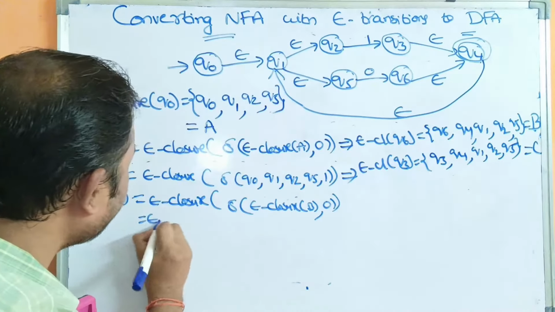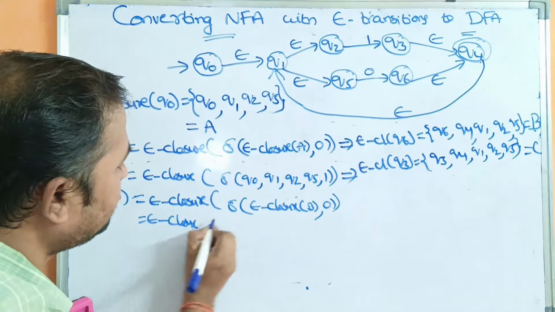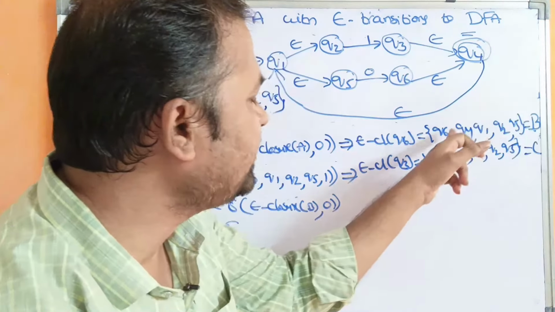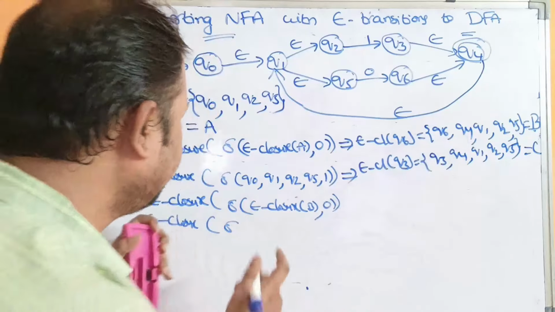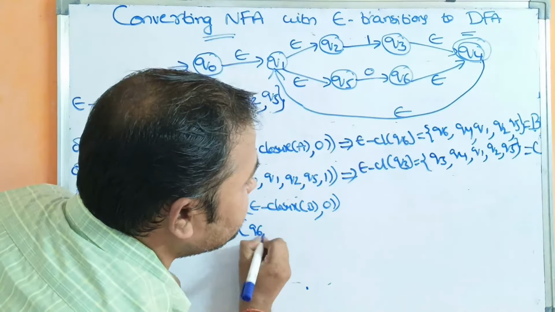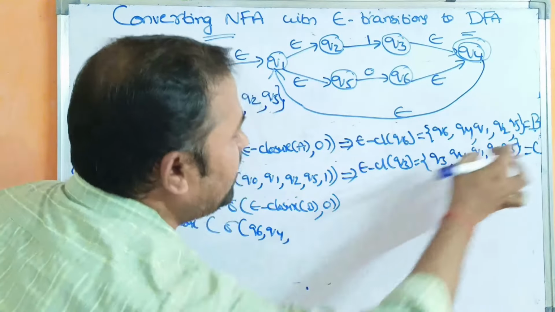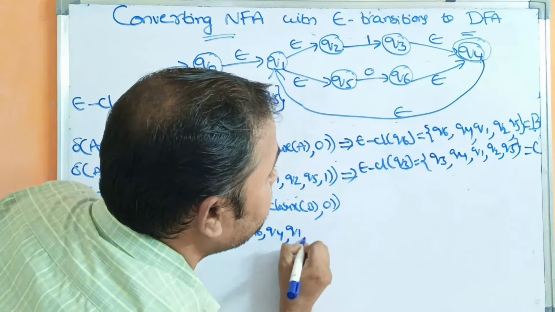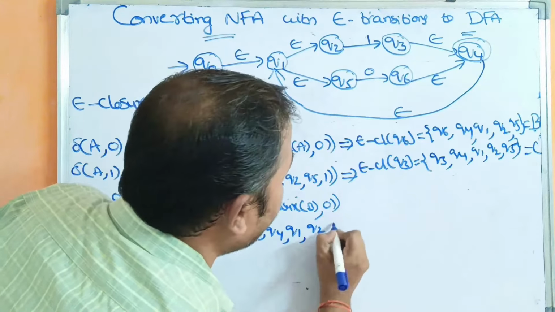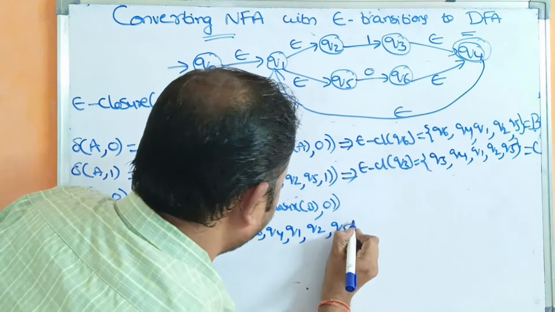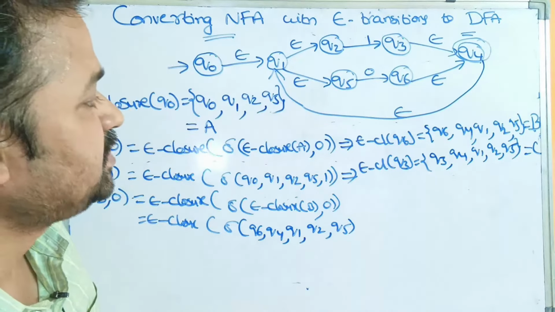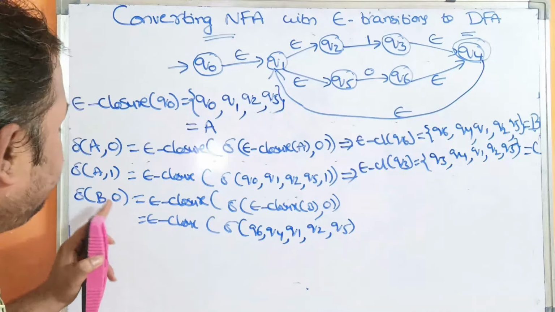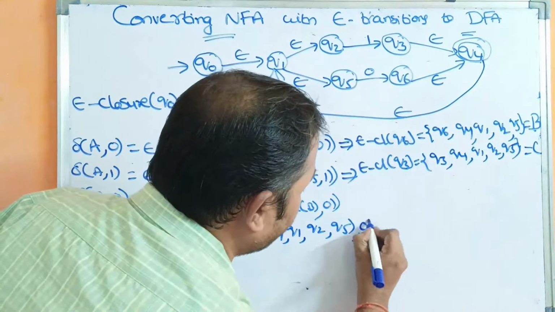So that is equal to epsilon closure of delta of, what is epsilon closure of B? It is already calculated: Q6, Q4, Q1, Q2, Q5, and the input symbol we have to apply is 0.